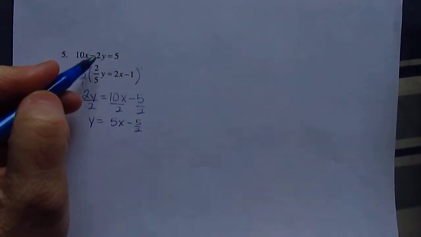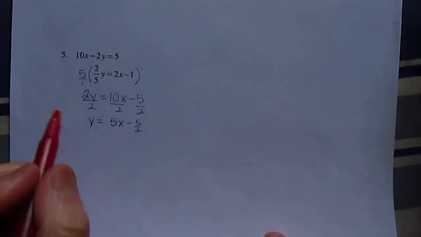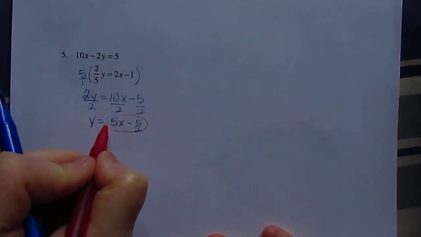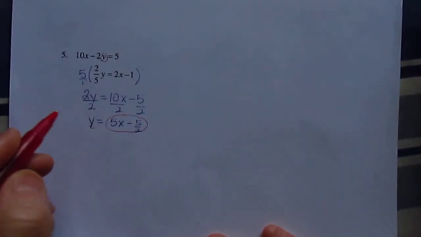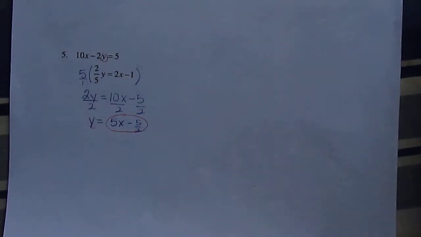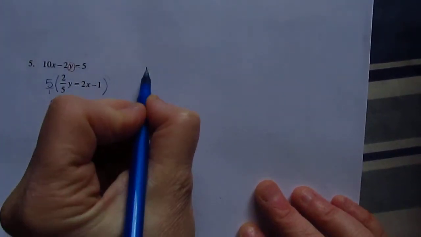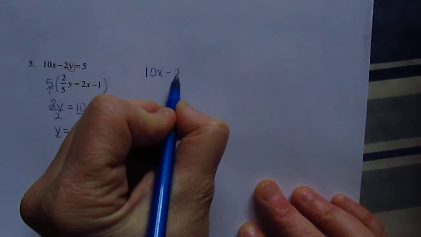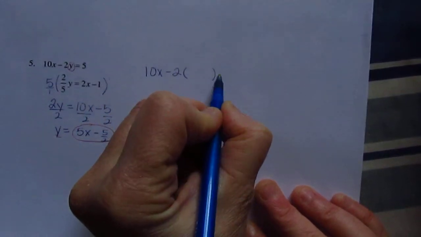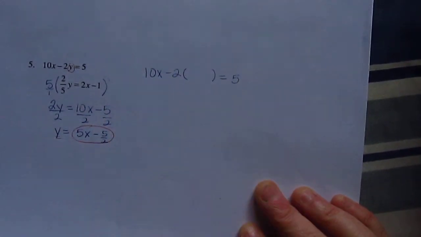I will use substitution again, where I will use this expression for y and plug it into the other equation. It's important you go back into the other equation. So we have 10x minus 2y equals 5.